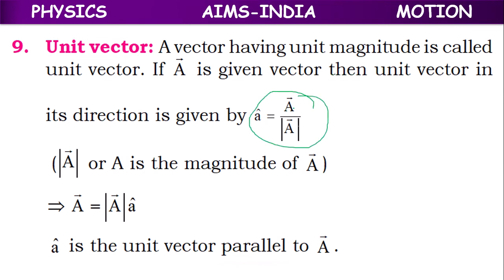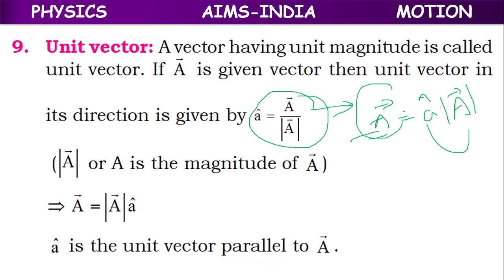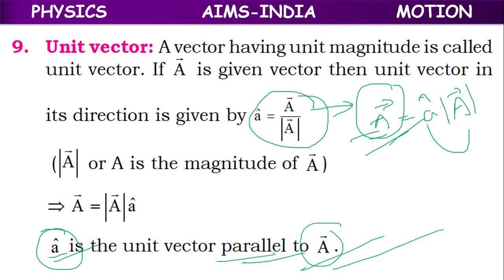From this equation we can come to another conclusion: A bar, the original vector, equals its unit vector into its magnitude. If you multiply the unit vector with its magnitude, then we will get the complete vector. So the unit vector is always parallel to the original vector.